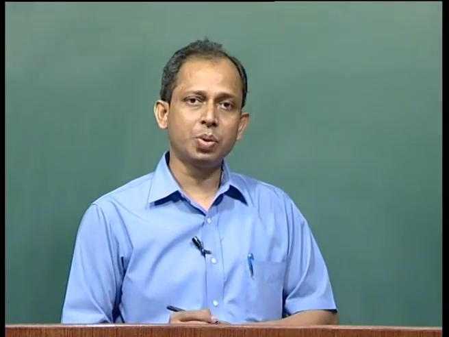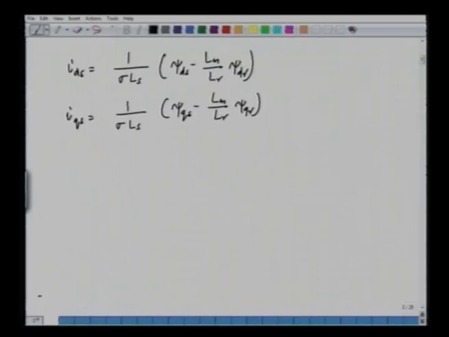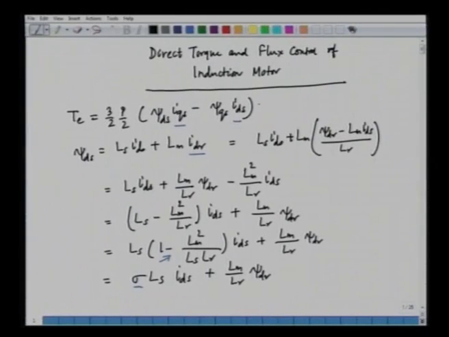Now, what we will do, we will take these expressions and substitute for IDS and IQS in the torque equation, and the torque equation is this. So, we will be substituting in this torque equation for IDS and IQS and simplify this.